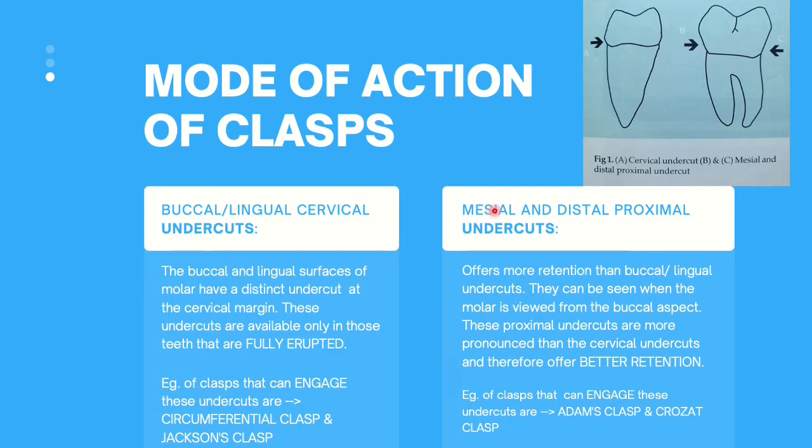The mesial and distal proximal undercuts offer more retention than the buccal and lingual undercuts. They can be seen when the molar is viewed from the buccal aspect. These proximal undercuts are more pronounced than the cervical undercuts and therefore offer better retention. Examples of clasps that can engage these undercuts are Adams clasps and Crozat clasps.